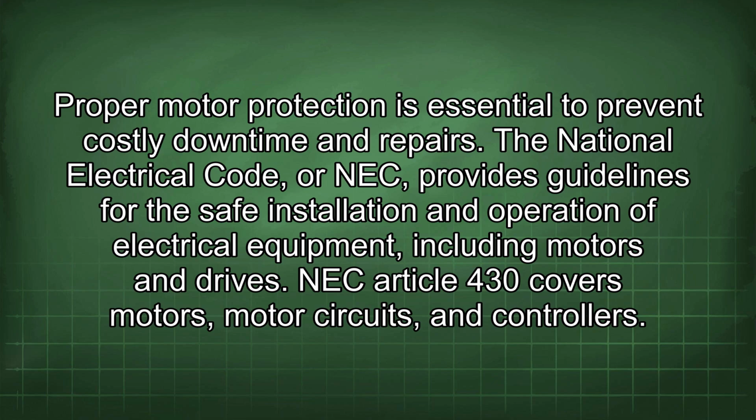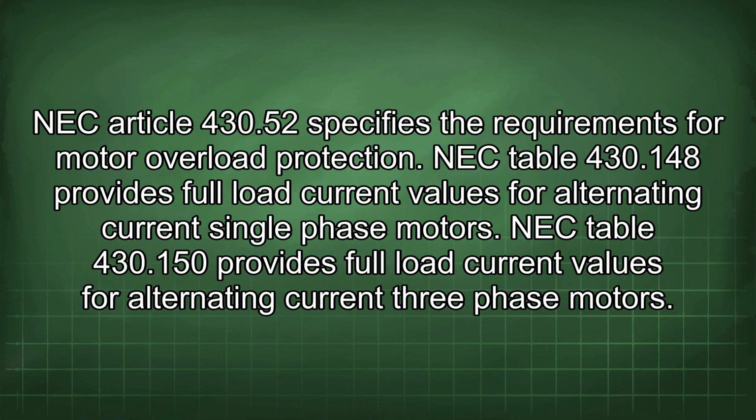The National Electrical Code, or NEC, provides guidelines for the safe installation and operation of electrical equipment, including motors and drives. NEC Article 430 covers motors, motor circuits, and controllers. NEC Article 430.52 specifies the requirements for motor overload protection.